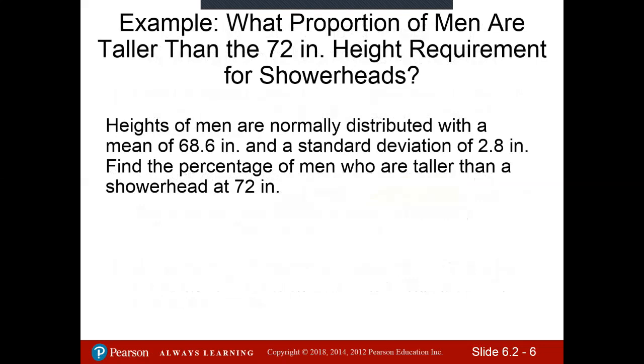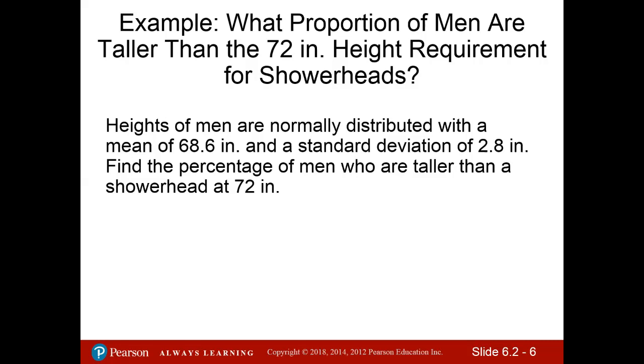Now here is an example. What proportion of men are taller than the 72 inches height requirement for shower heads? We assume that men are generally taller than that. So if the shower head is at 72, we want to know the proportion of men whose height is above the 72 inches mark.